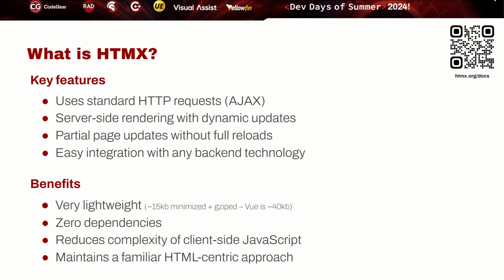Some of the benefits is that it's extremely lightweight. And on the web space, this really matters. People are very obsessed with initial payloads, and HTMX is roughly 15 kilobytes minimized and zipped. And just as a reference, for example, the foundation library of Vue alone is 14 kilobytes.